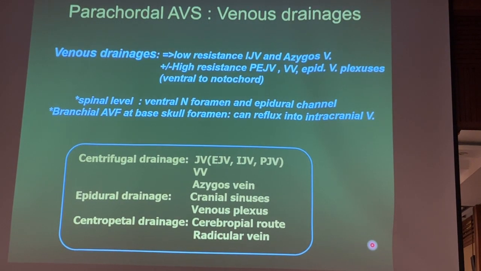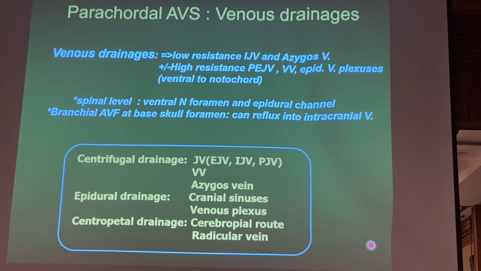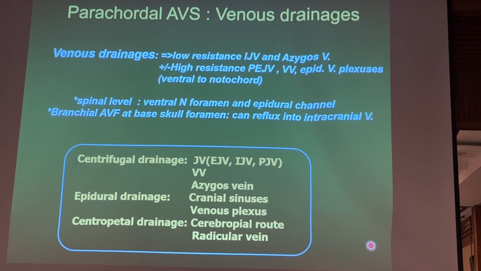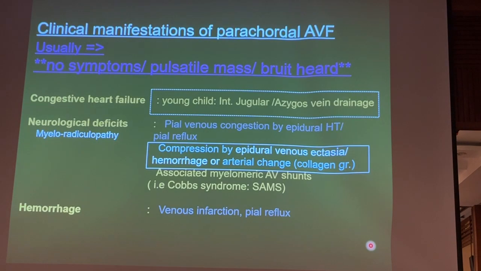Where the brain drains, it could drain to the low-resistance internal jugular vein and azygos vein, but it can also drain to the higher-resistance posterior external jugular vein, vertebral vein, and other epidural venous plexus. So the direction can be centrifugal drainage, as I told you, as well as some rare centripetal drainage into the cerebrospinal root radicular veins, as well as epidural drainage into the cranial sinus venous plexus.